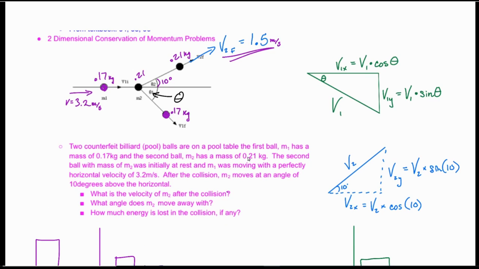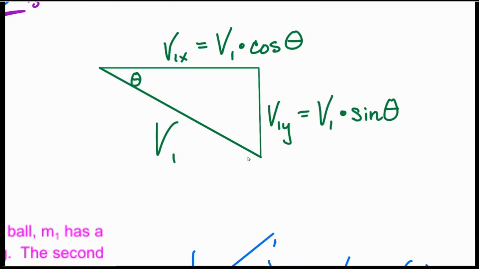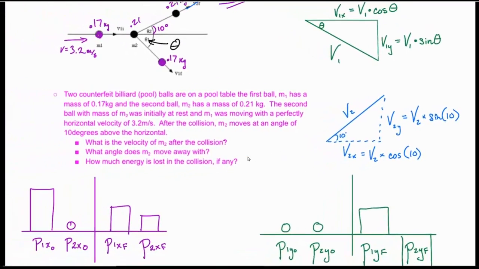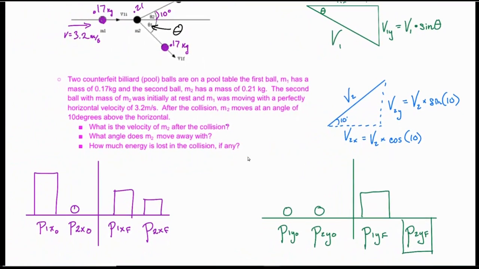But just as a reference, in the x direction, it'll be equal to velocity 1 times cosine theta and velocity 1 times sine theta. And then for v2, it would be v2 in the y direction would be equal to v2 times sine of 10 degrees and v2 times cosine of 10 degrees. And that'll be important in a little bit.